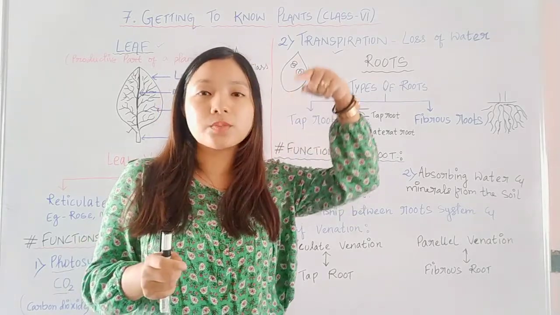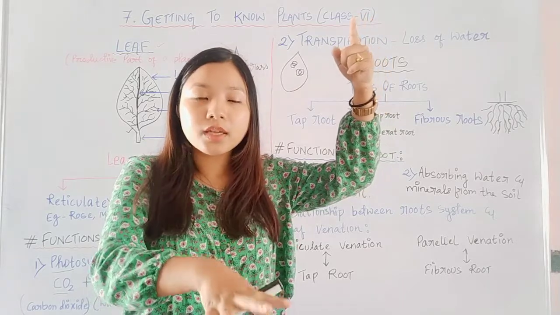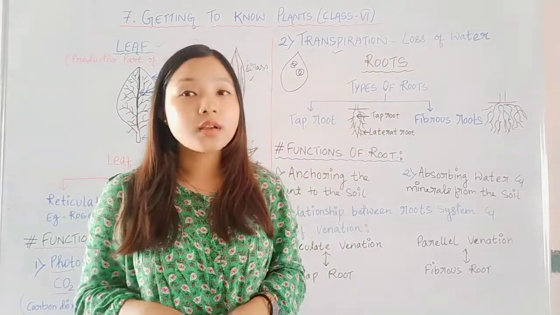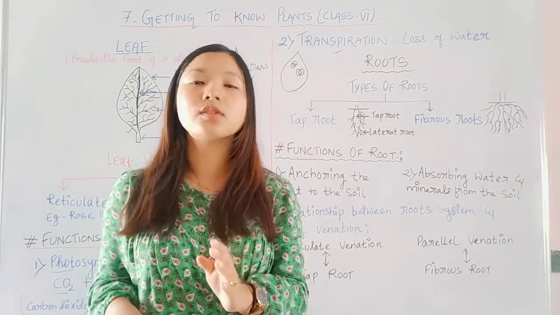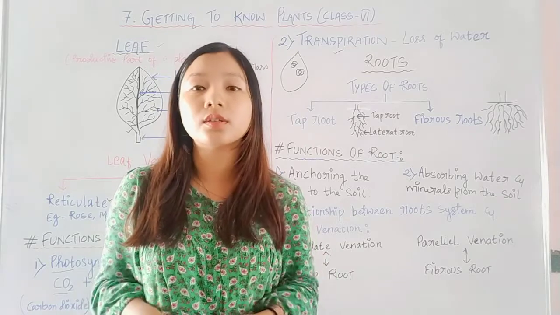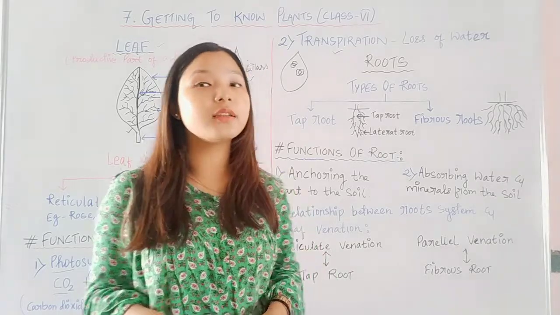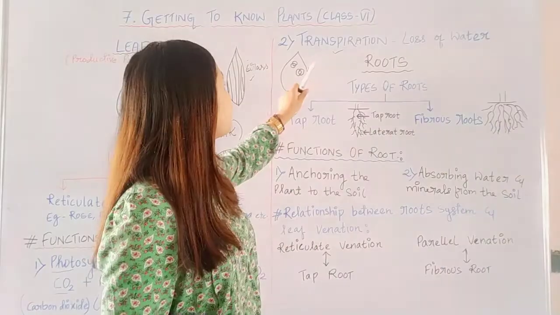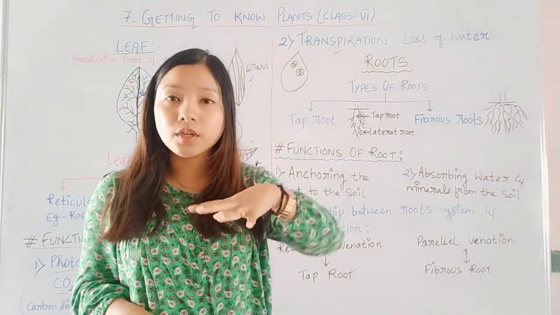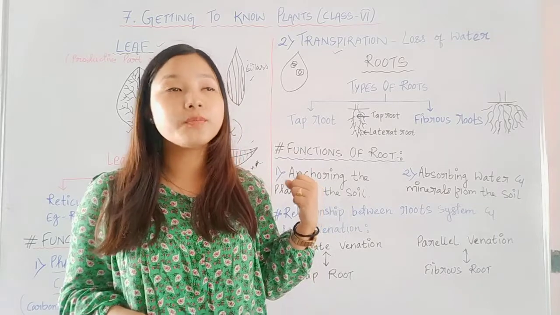That is why transpiration loses water, which makes a pull force to absorb the water from the root system. You will get this in further classes and understand it very clearly. Here you just understand that the transpiration process is necessary for the absorption of water by the roots.